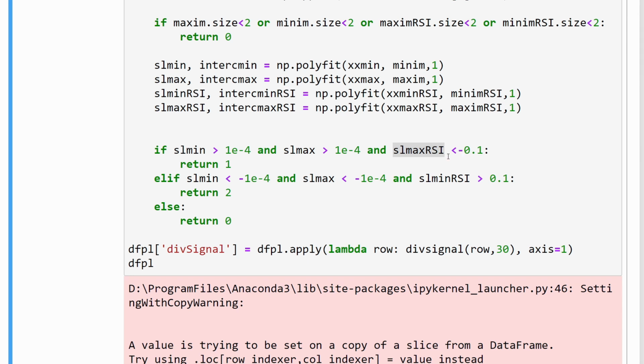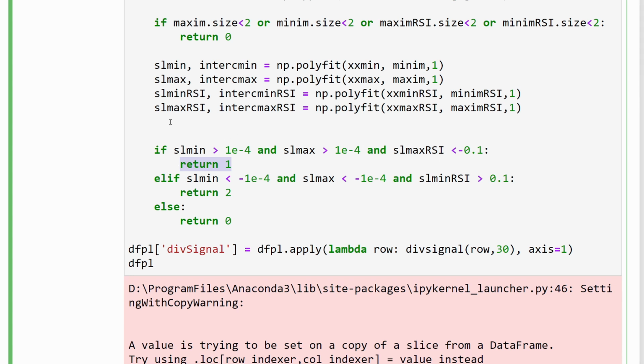So it's a negative slope. It's going down. This is where we have a divergence. The price is showing higher highs, but the RSI is showing lower highs. And this is where we have a divergence in the negative sense, so we are returning 1.